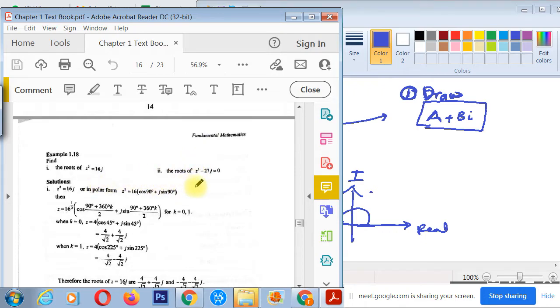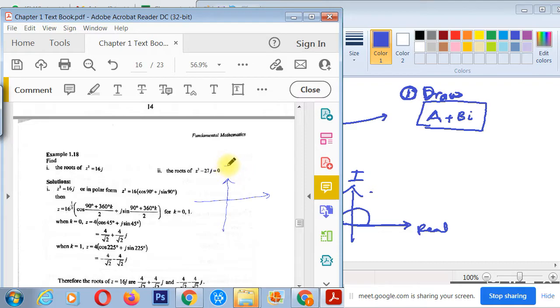Okay, for here we have 16j. So first of all, we can draw, but we just maintain the square or cube or everything here. Just leave it, this information is enough to draw. So we have 16j.